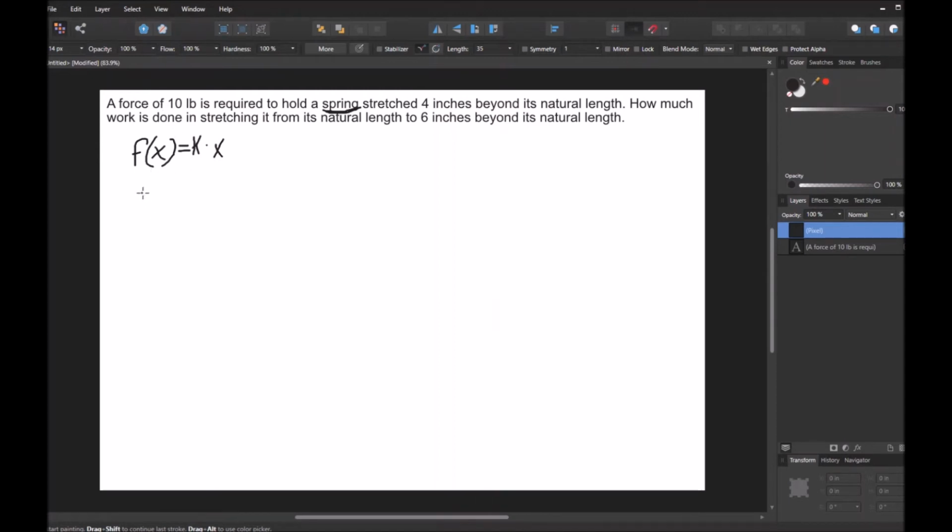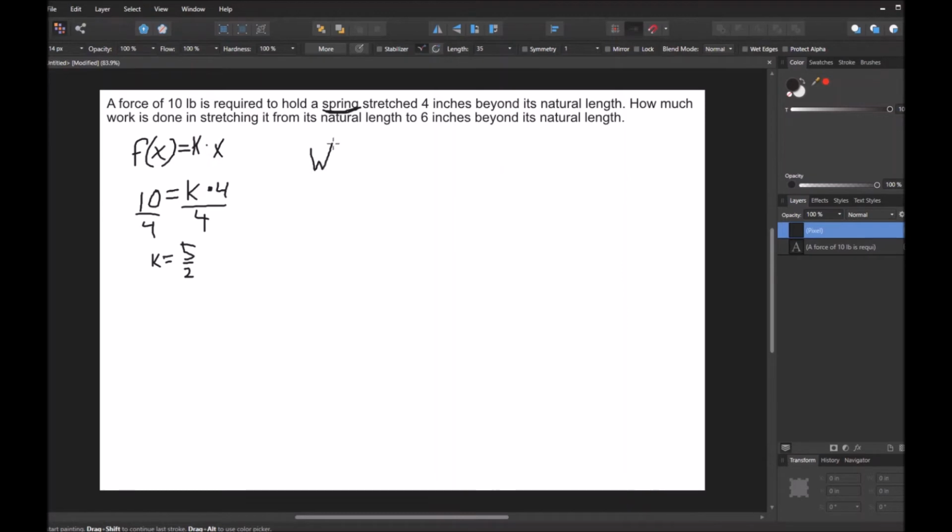We know that 10 pounds is required to keep it stretched 4 inches beyond its natural length. So we put 4 in for x and solve for k. We have k equals 10/4, which if we divide the numerator and denominator by 2, gives us 5/2.